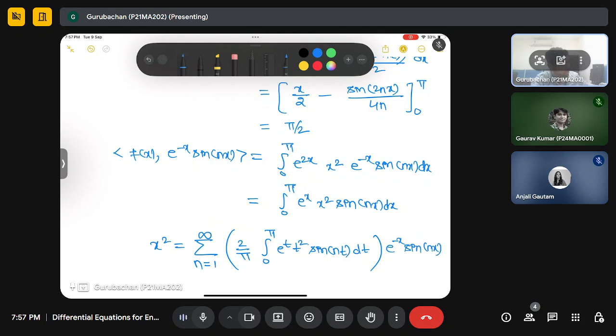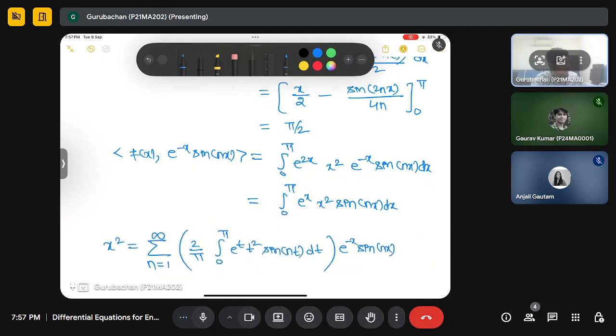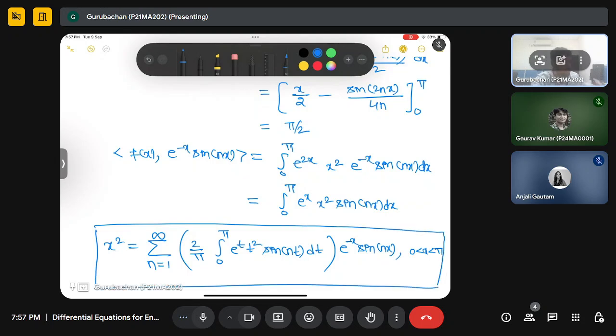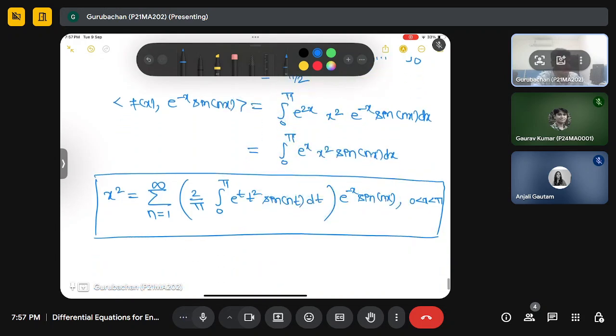So this is your representation of this x square in the form of eigenfunction, where this x can vary from 0 to pi. So this is your expression for this series. Before moving to the next question, or you can say we will do it in the question.